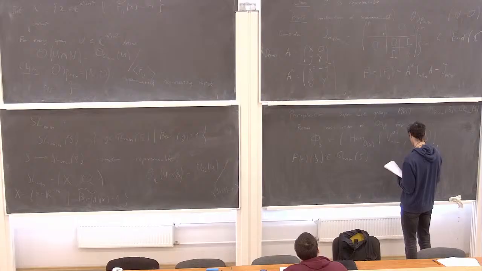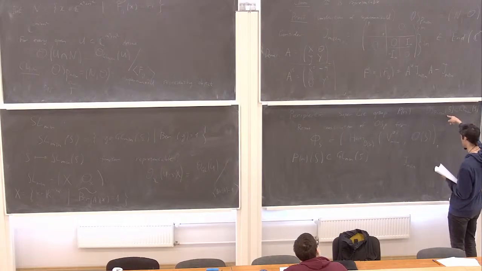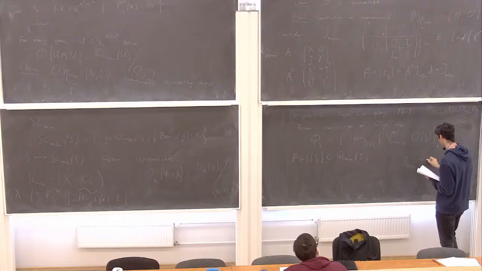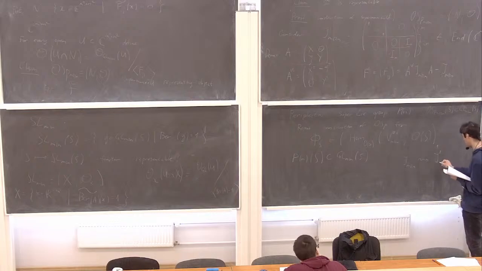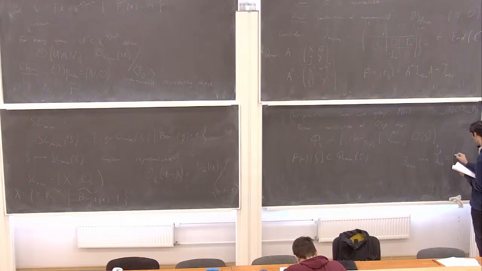It was J_{M|N} in the case of OSp(M|N). Well, now it becomes, let me distinguish it from this one, J' on n|n. And since it is odd, the diagonal blocks should be zeros.